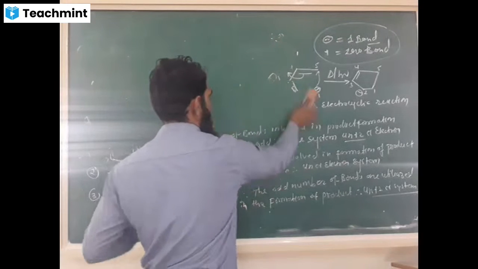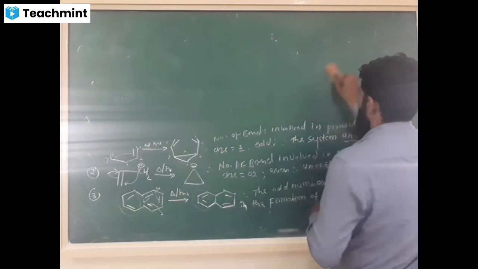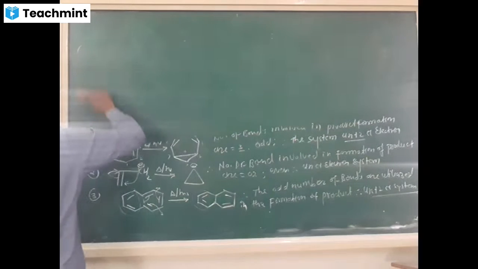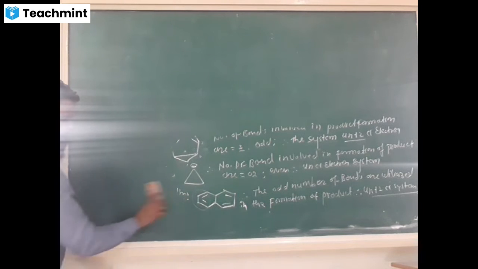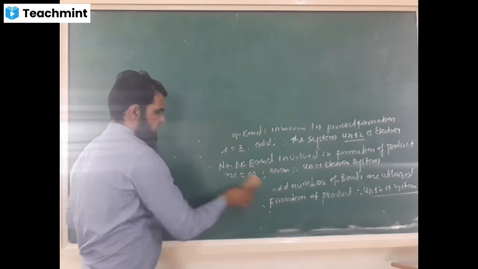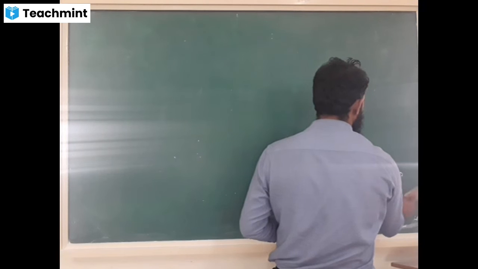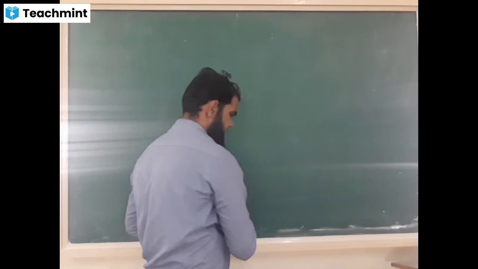So electrocyclic reactions are of two types depending upon the formation of bond at the termini of unsaturation. And this can explain the stereochemical features of electrocyclization reactions.